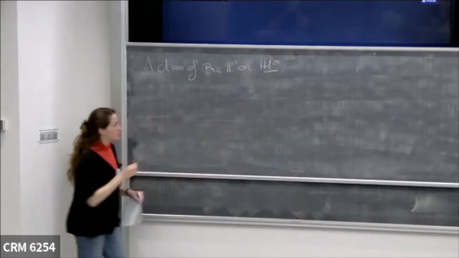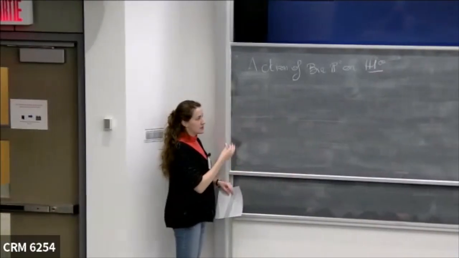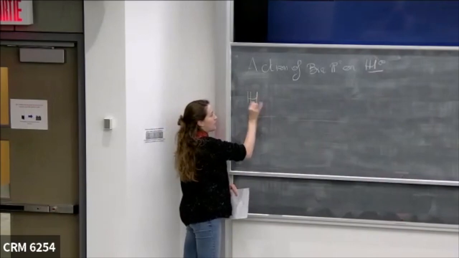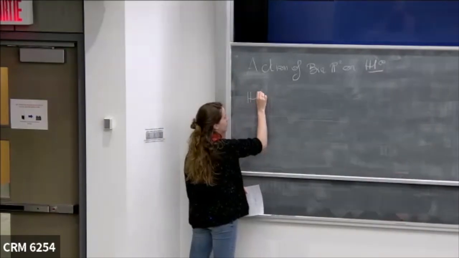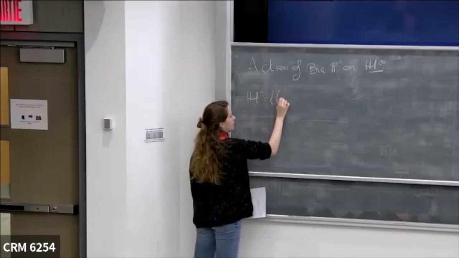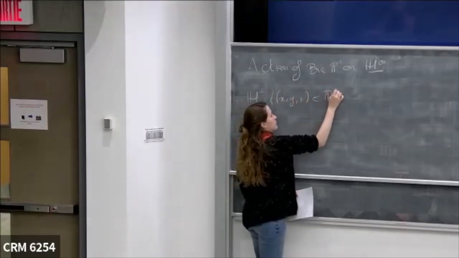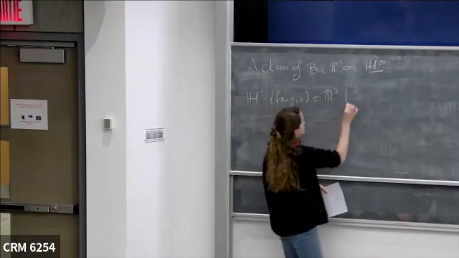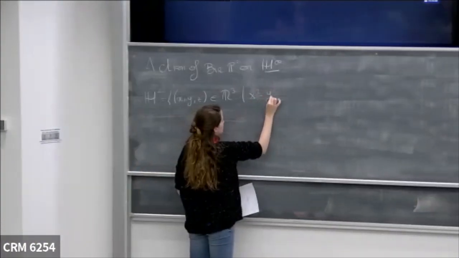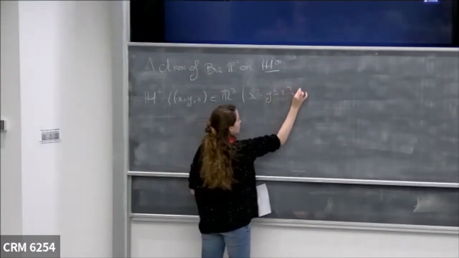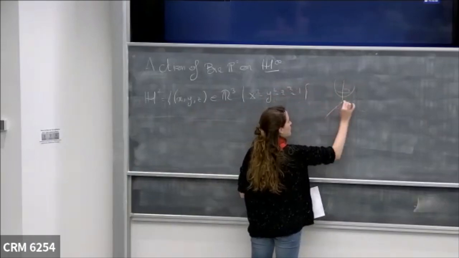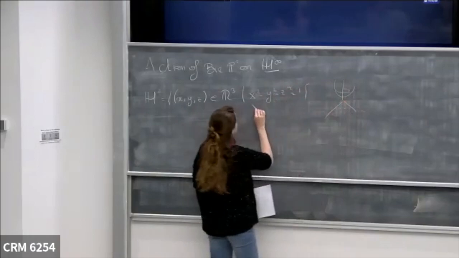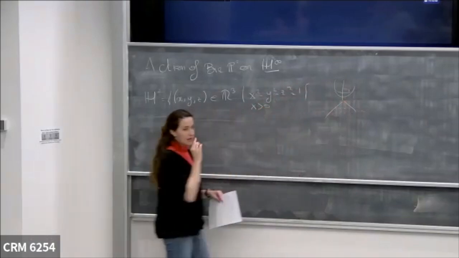In fact, the space we will build is an analog of the hyperboloid model for the hyperbolic plane, which is the set of X in R3 that satisfies this bilinear form. If you do this, you have a two-sheeted hyperboloid, you have one sheet down, and so you can ask that X is positive, and you get this thing.